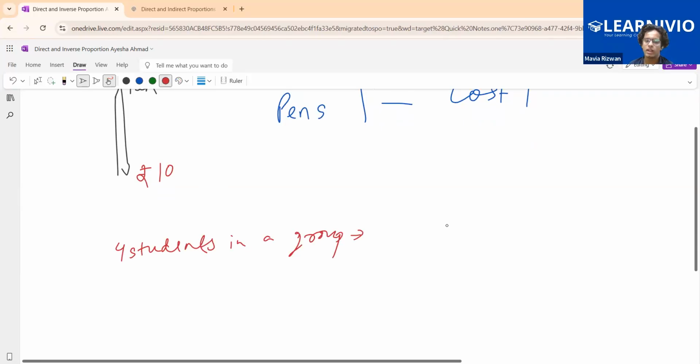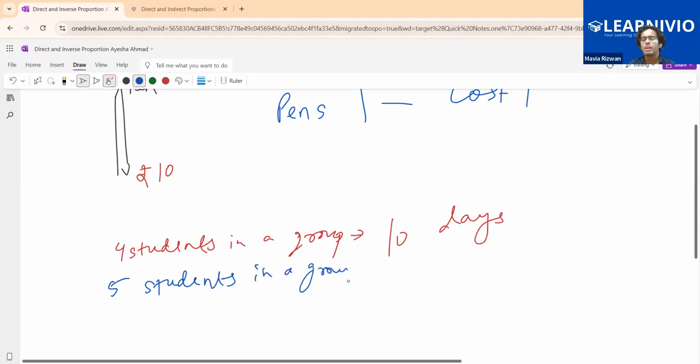The next day the teacher says each group will have five students, so a student is added to your group. Will the project be completed early or later? Will the days increase or decrease? Decrease, right? More students, so less time taken. So when I increase the number of students, the number of days decrease. This is inverse proportion.